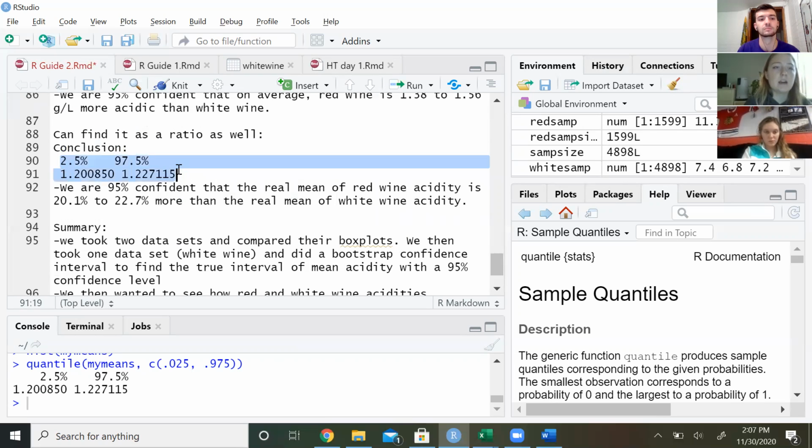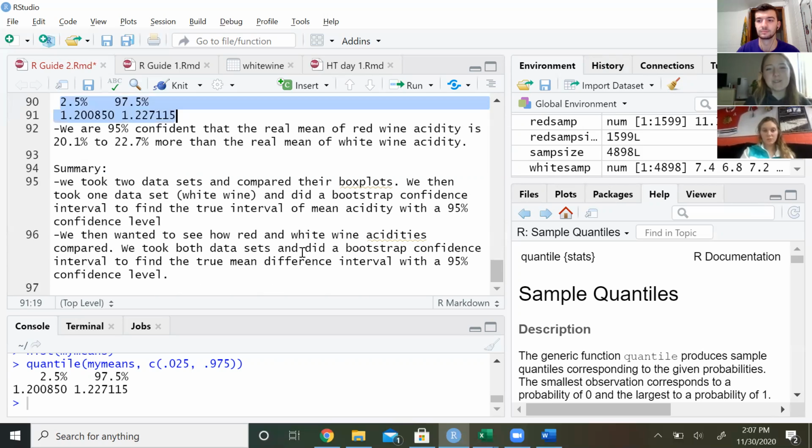So this is saying that the ratio quantities within our bootstrap, the 2.5% boundary is 1.201, and our upper is 1.23. So this allows us to say that we're 95% confident that the real mean of red wine acidity is 20.1% to 22.7% more than the real mean of white wine acidity. This is just another way to look at that same data and get it in a different type of context that might make more sense to some.